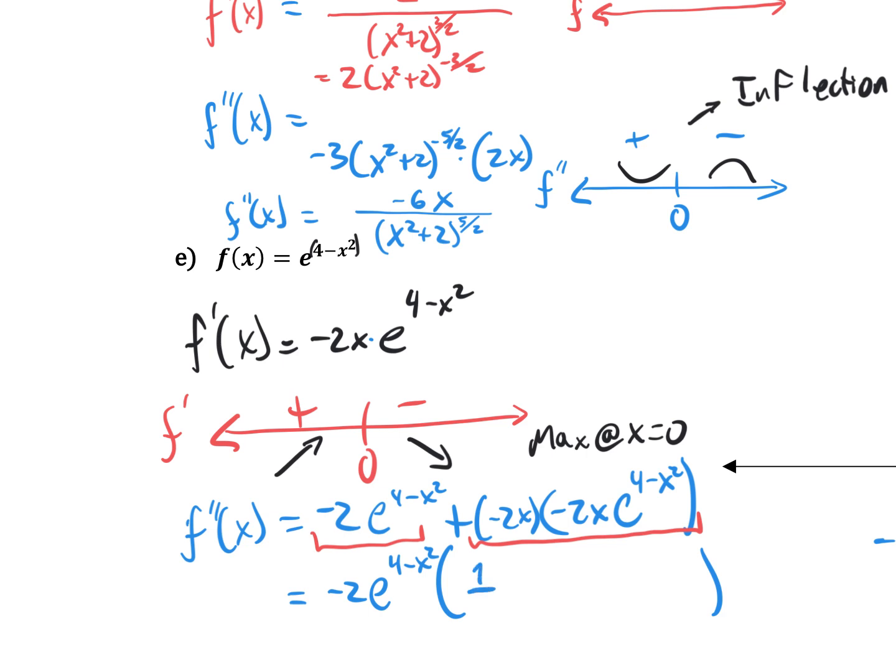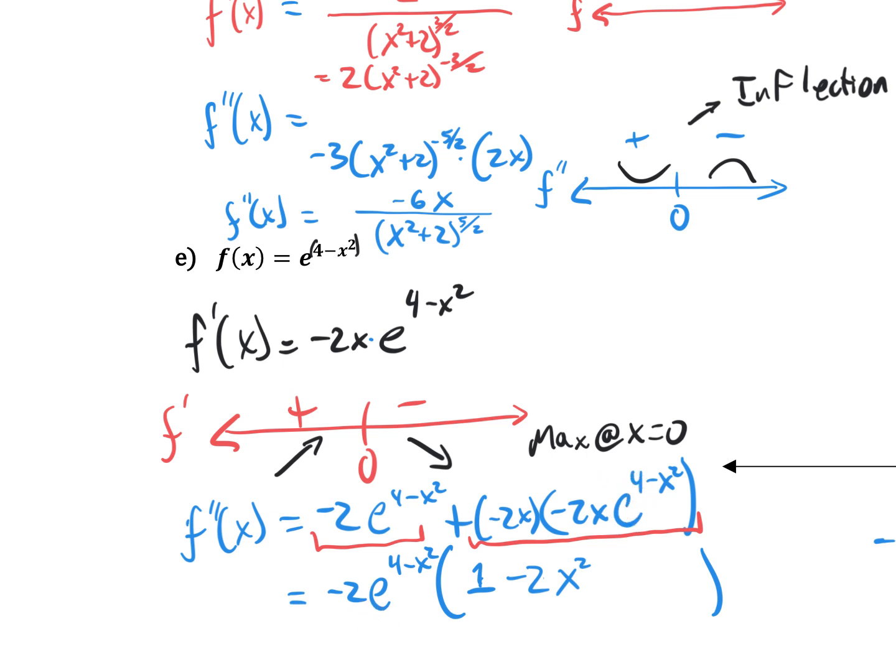Well, we have a 1 for the first term. And we took out a negative 2, so we still have another negative 2 left behind. Let's go ahead and make that a minus. So a minus 2x squared. And we took out this e, we pulled it out.